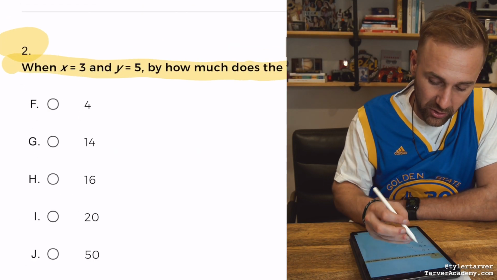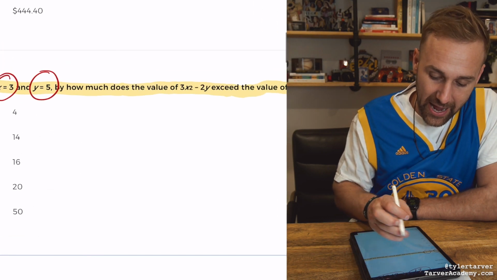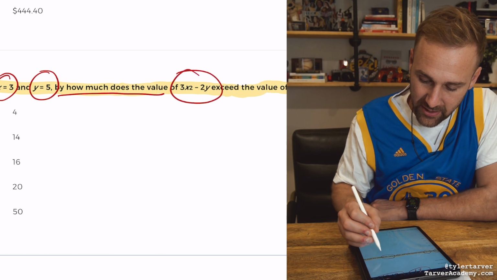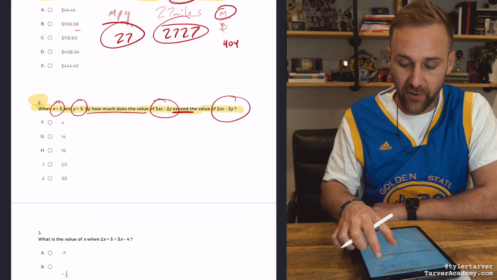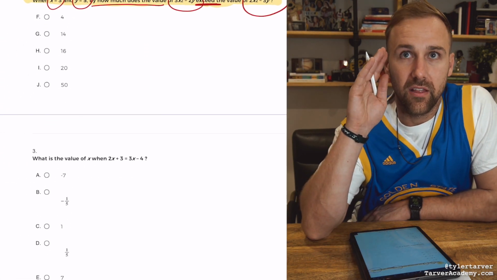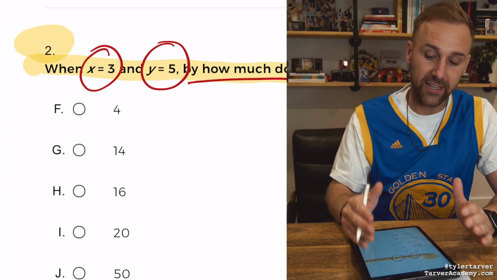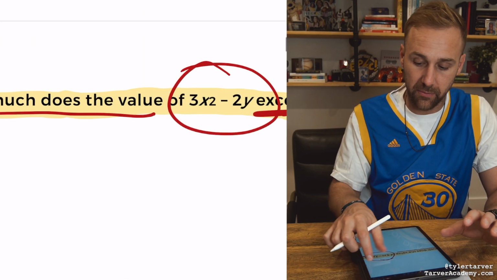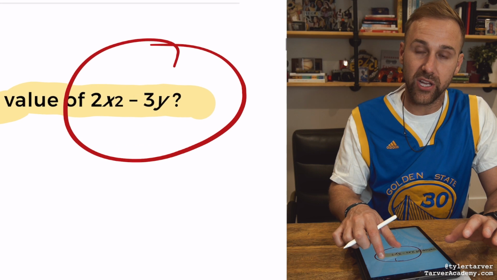When x equals 3 and y equals 5, by how much does the value of this exceed the value of this? Now, the first thing I'm going to notice is that I'm going to plug in my 3 for x and my 5 for y. So essentially I'm going to solve this problem with that information and this problem with that information.